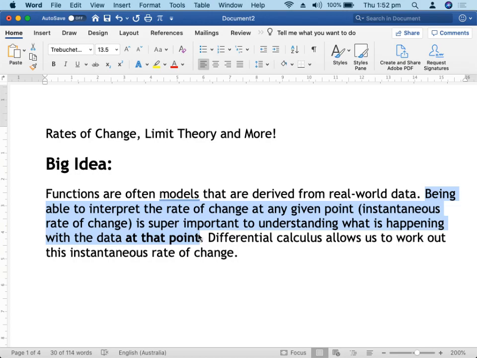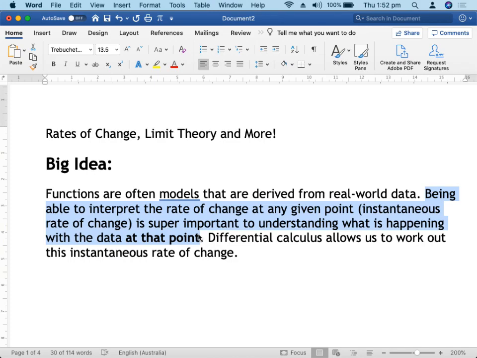That's real world data that you can map. You can come up with a function, but what you're really interested in is what's happening with that velocity as you map it, and that's called acceleration. The rate of change of velocity is called acceleration. So being able to work out how the data is changing is really important. That's the big idea: that rate of change is really important.